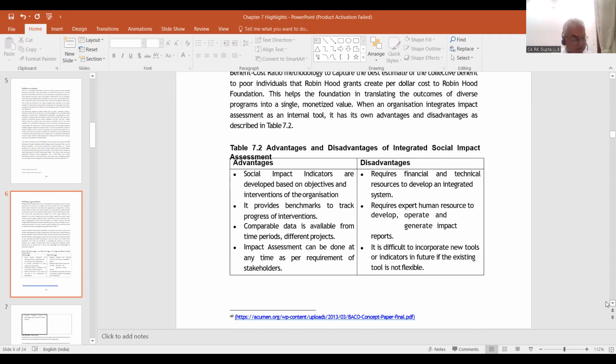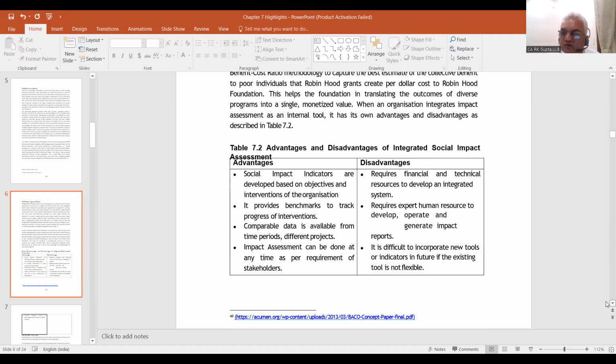And what are the disadvantages? The disadvantages are it requires financial and technical resources to develop an integrated system. So we are understanding the integrated impact assessment. What are the advantages of integrated impact assessment? Integrated means built in the system. So disadvantages are it requires financial and technical resources to develop an integrated system.